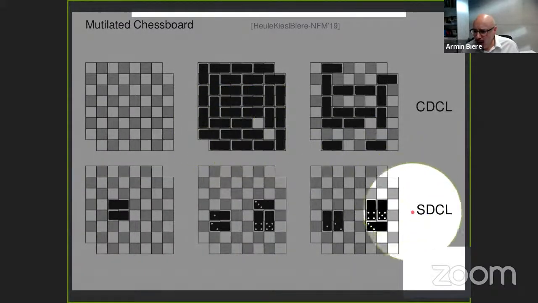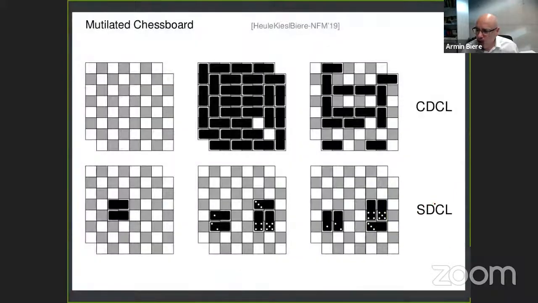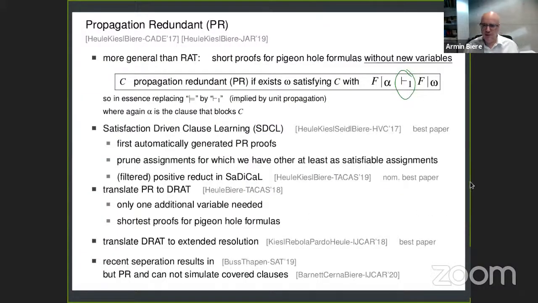Now we have an automatic way, which we call SDCL, to find really powerful redundant clauses, these high PR clauses. We were running it when we submitted the paper on SDCL to HVC. If I go back one page, it's this HVC paper here.